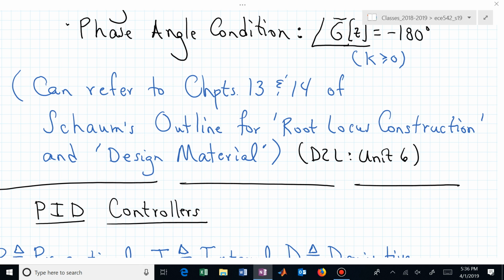And again, if you're looking to construct these root loci, that's chapter 13. If you want to see how the root locus is used as a design tool, you can look in chapter 14, available to you as a scanned version within D2L.